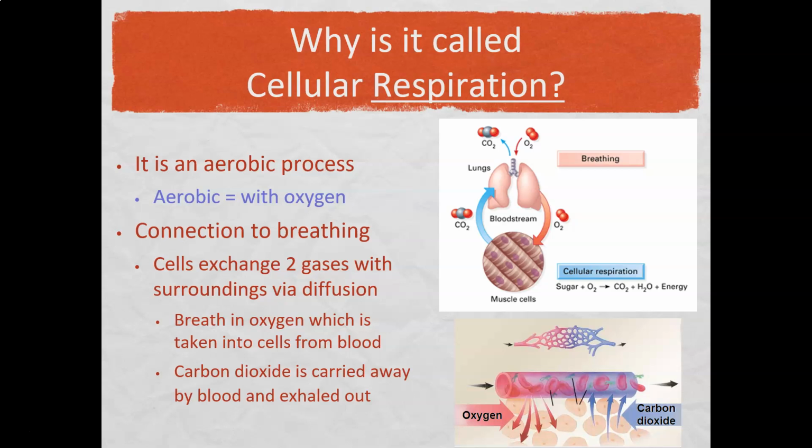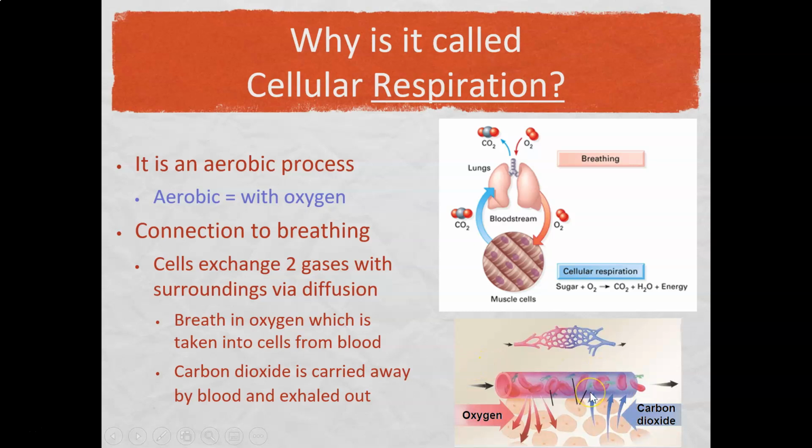So remember that cellular respiration is an aerobic process. It requires oxygen to come in. We also end up producing carbon dioxide as a byproduct of cellular respiration. Your body can't use that carbon dioxide, so it has to get rid of it. Your lungs are really the initial connection point for allowing us to get that oxygen into your body. We then diffuse that oxygen from your lungs into your blood.